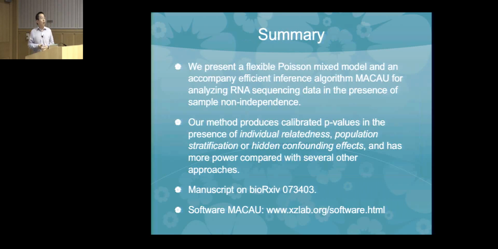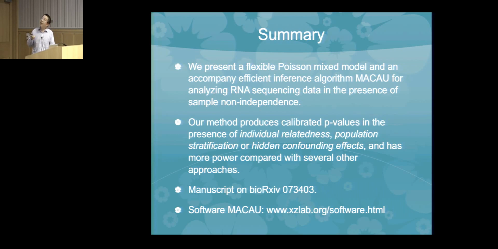So finally, as a quick summary, we presented a method called the Poisson mixed model, and also presented a very efficient MCMC algorithm to fit this type of models. This method is extremely important for dealing with RNA sequencing data when you have sample non-independence. The sample non-independence can come in many different ways.